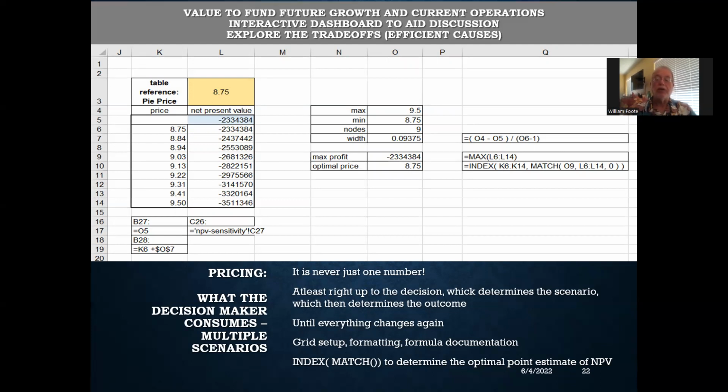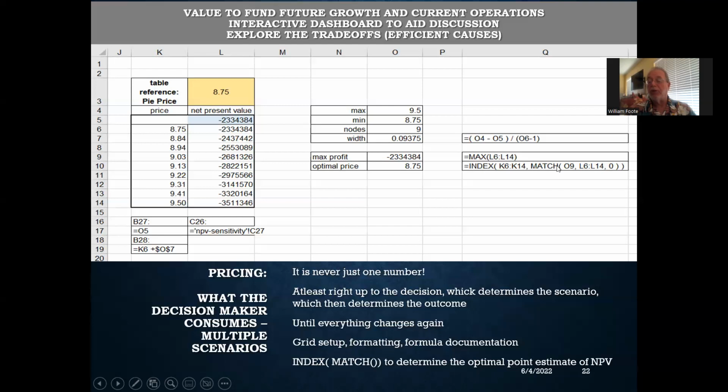We have pie prices, but again, we're using max and min, number of nodes, calculating the width between each node. Okay, 9.375 cents. Yeah, and we're getting a maximum profit. And just like we did with the weekly, we're using something called index and match.